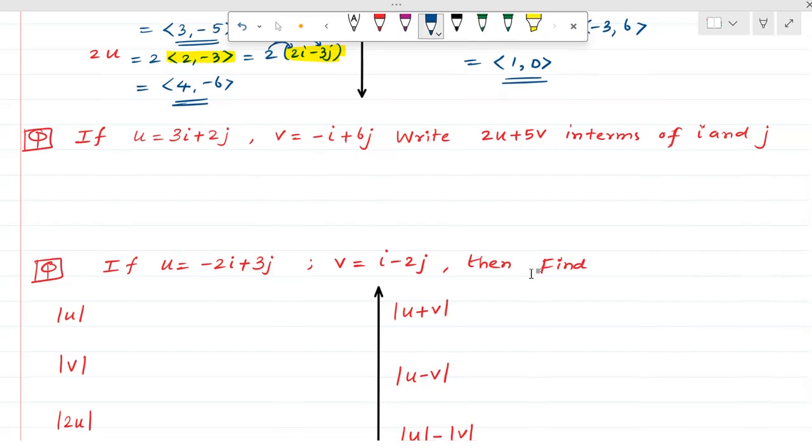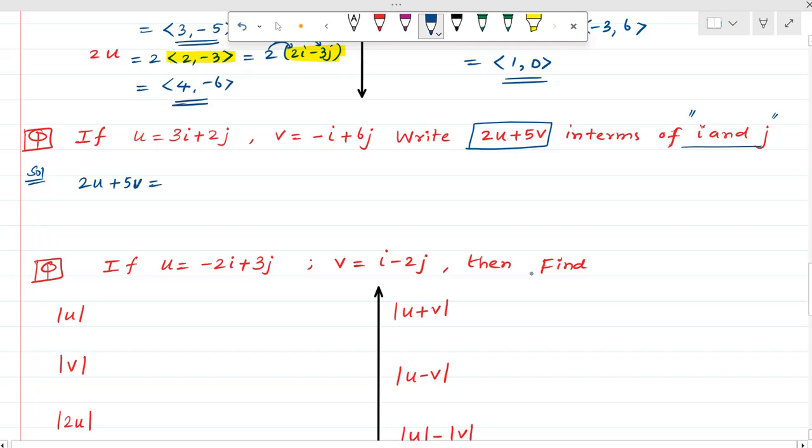Now here it is asking to write this final answer in terms of i, j, not in the bracket form. Two vectors are given. Let us calculate. First of all, I will calculate 2u plus 5v. If you multiply 2 with u, you will get 6i plus 4j.